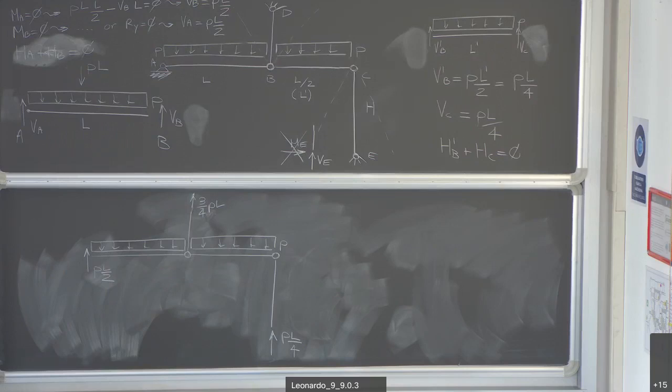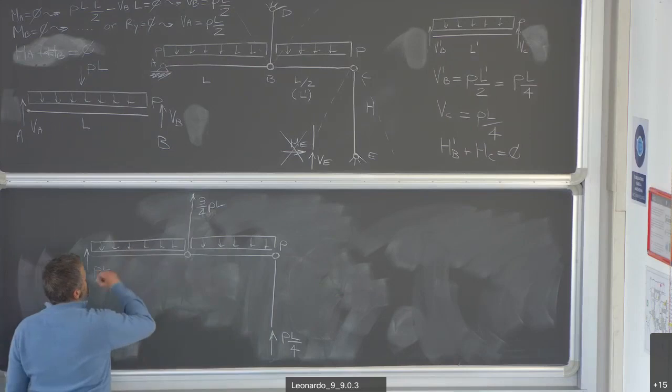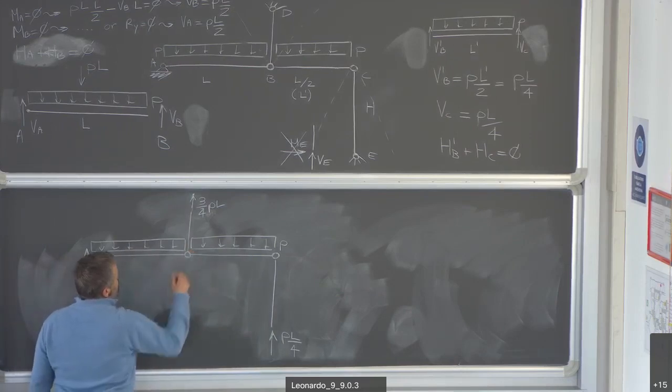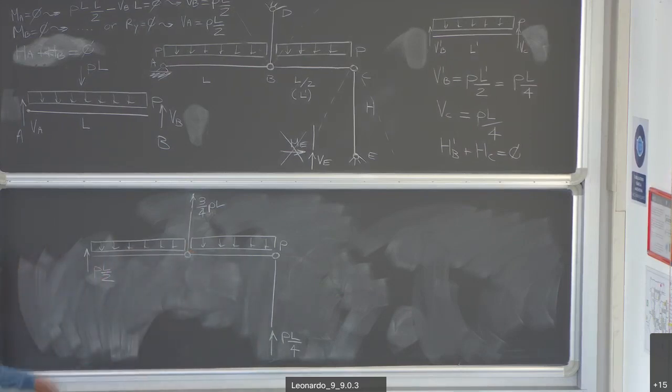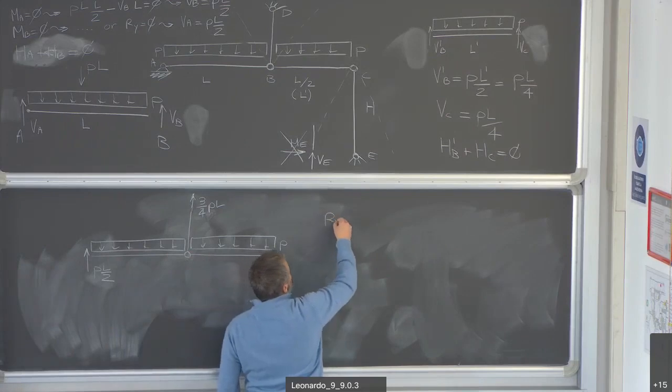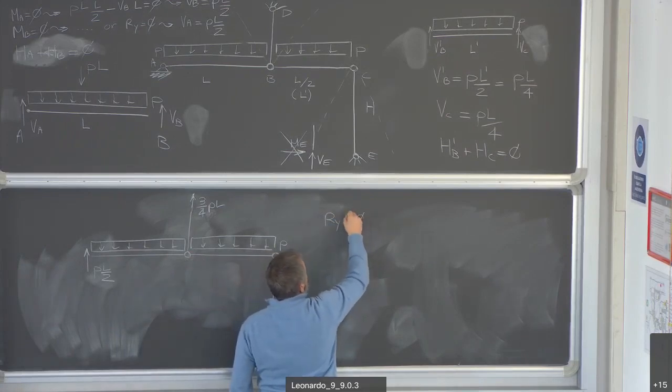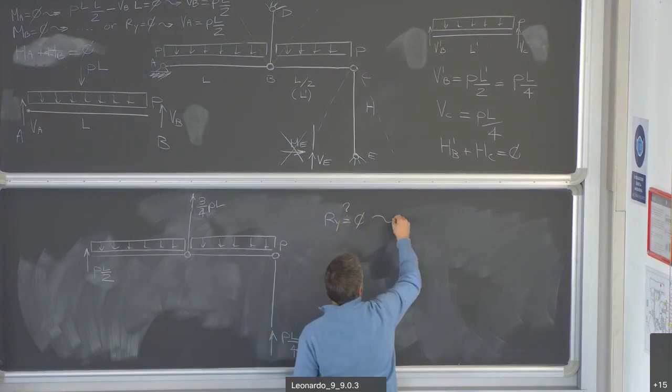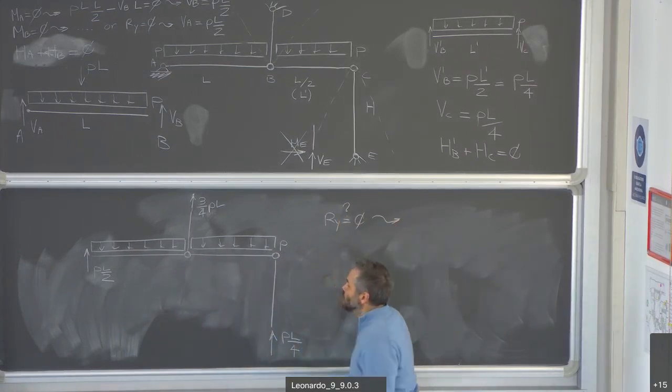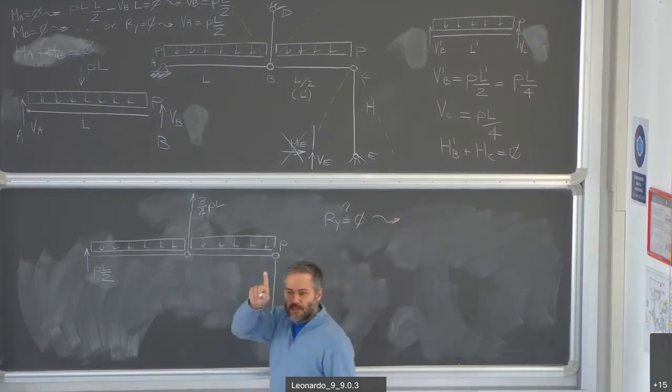Try it. Let's try one equation, just one. Let's write the vertical translation. So I'm asking myself, Ry equal to 0. Is it true for the whole structure? What do we have? We have 3 forces going upwards.